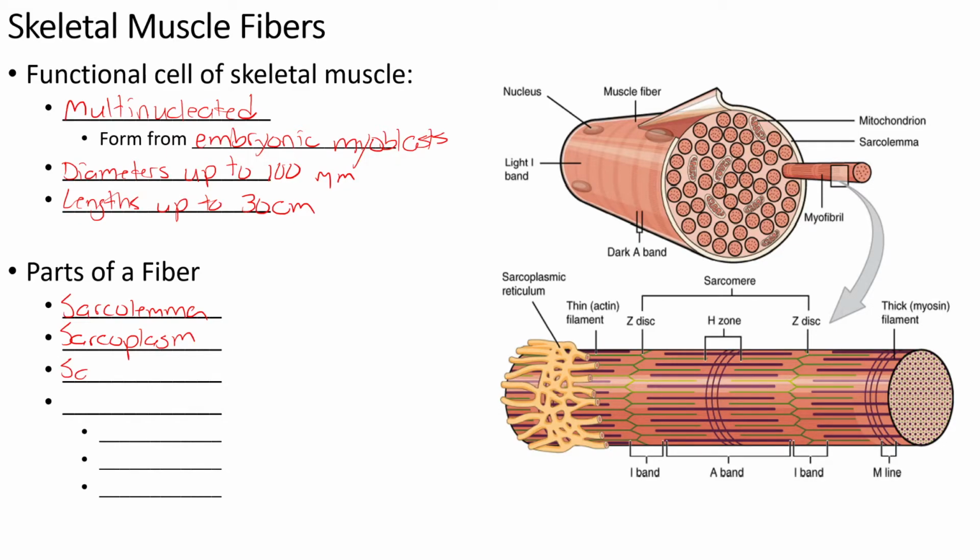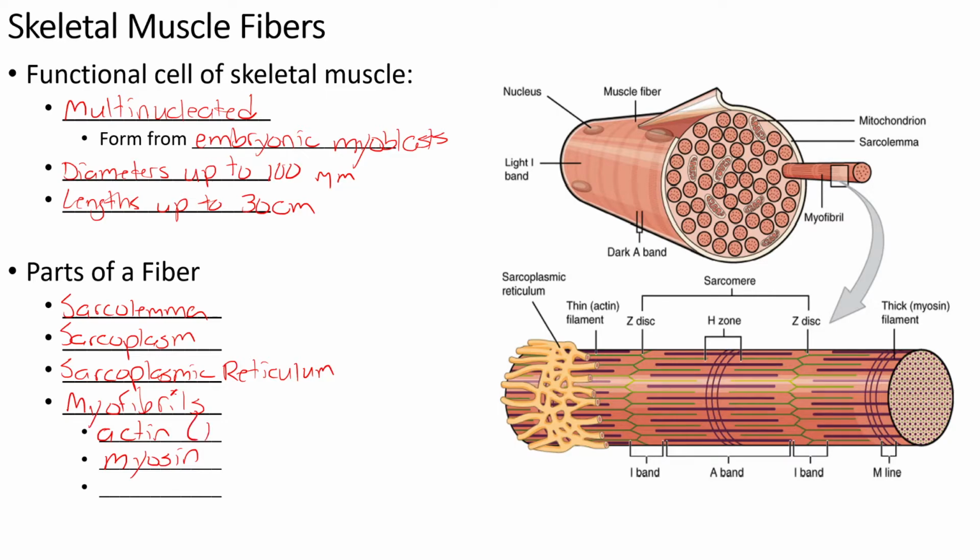We have the sarcoplasmic reticulum, which is nothing more than the endoplasmic reticulum, and typically in muscle cells, it's smooth. So it's a smooth sarcoplasmic reticulum. We have myofibrils, so there are our muscle fibers. We have actin. We have myosin.